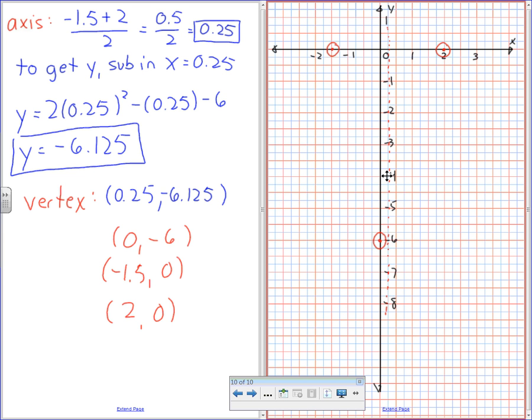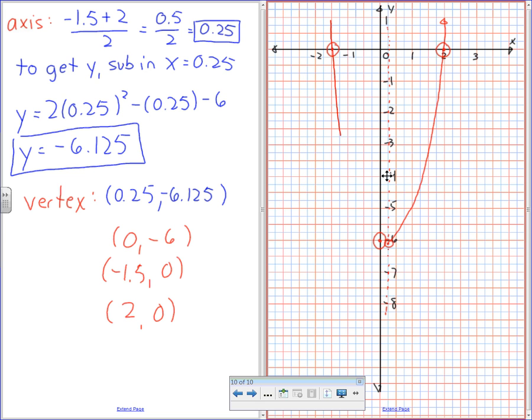Now, it's negative 6.125, not even my graph paper can do this. What's negative 6.125? It's 6 and 1/8, so it's going to be a smidge lower than 6. For my graph paper, there's 1/4, so it's going to be right in the middle. So it's very, very close to the y-intercept, but make sure that it is beneath it, because the vertex has to be your lowest point. So when I connect the dots, I'm going to hopefully do a good job this time. There we go.